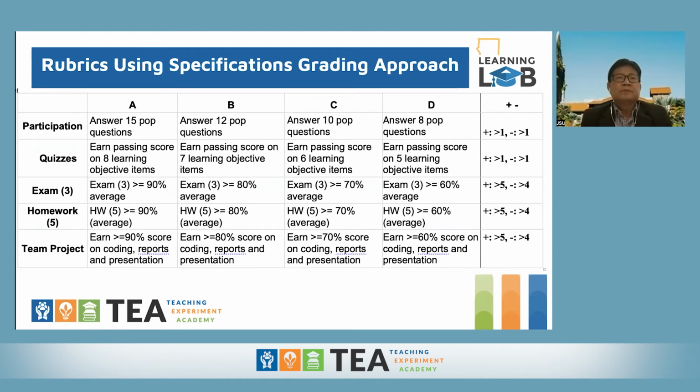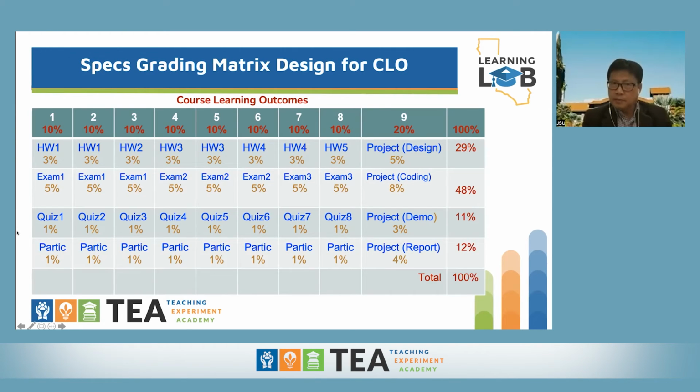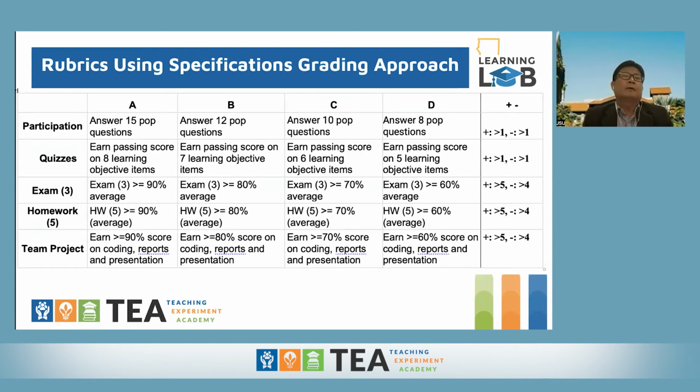Then I create the rubrics using the specification grading approach, based on the course learning outcomes. For class participation, for an A you have to answer 50 pop questions. If you only answer 12 pop questions, you get a B. If you answer 10, you get a C, and 8 after that.